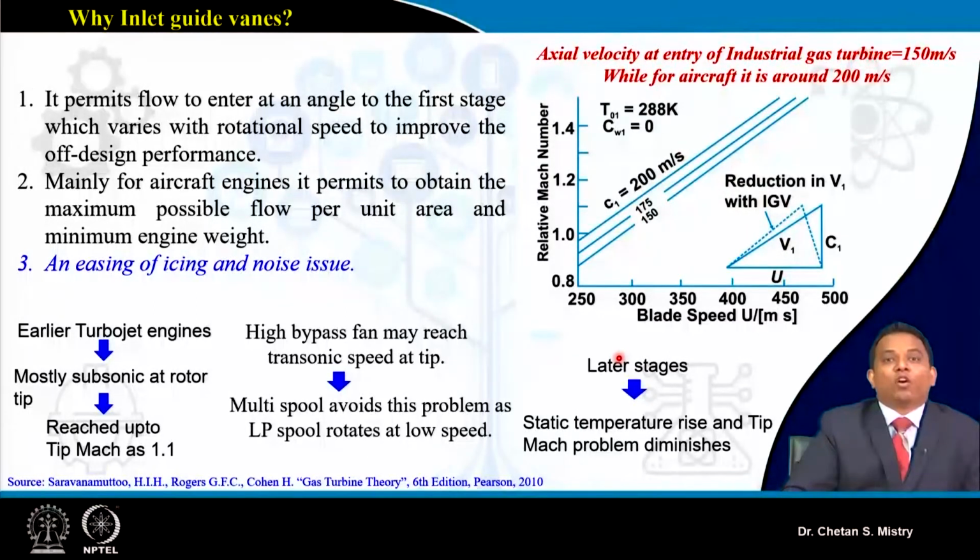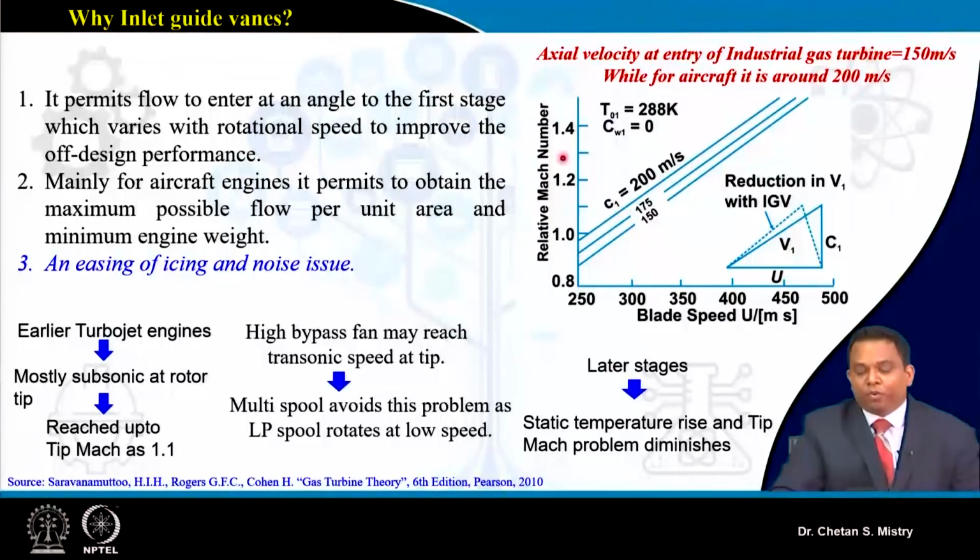With the increase of pressure, my temperature also increases. That means in the denominator term, when I calculate my relative Mach number, it never reaches the transonic range. And that gives us the idea that my high speed or HP compressor has subsonic kind of blades.